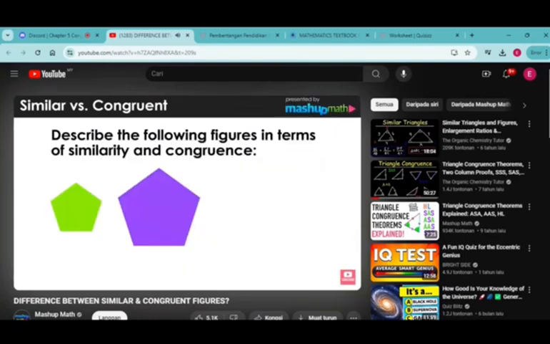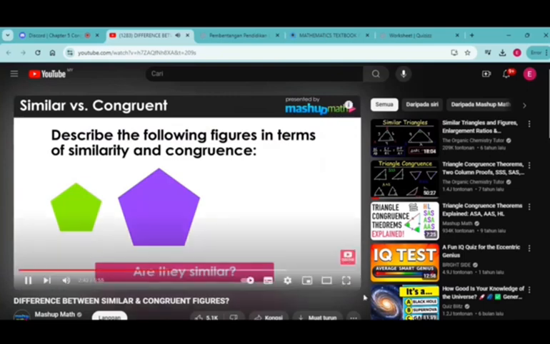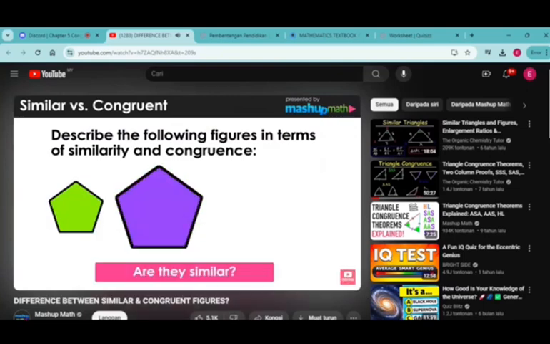So now let's go ahead and extend our thinking. We have two figures and we want to describe whether or not they are similar and or congruent to each other. Starting with similarity, we can see that these are both regular pentagons. So since they are the same shape, we can conclude that yes, they are similar to each other.